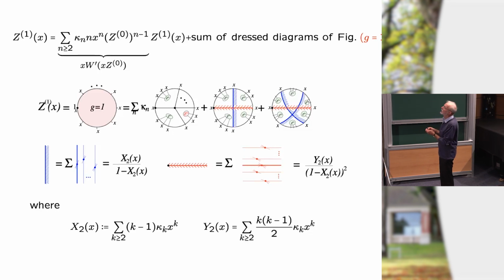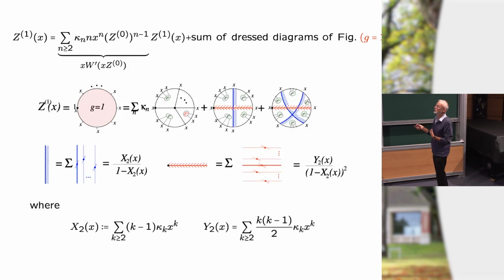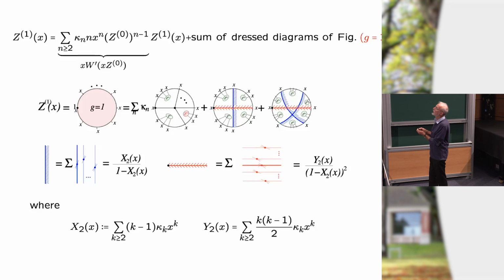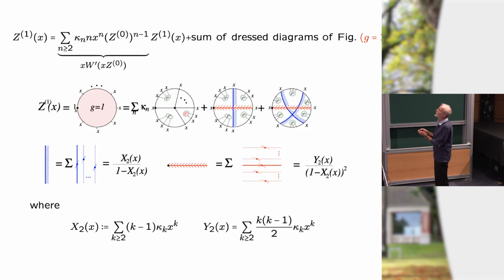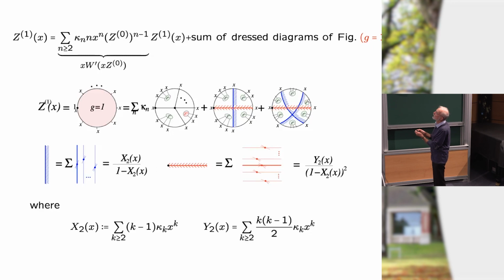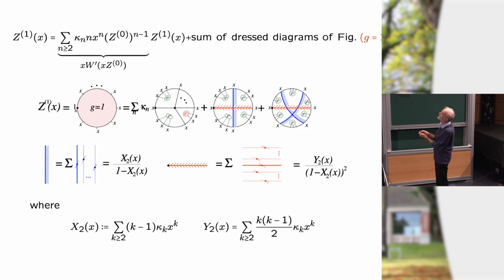So you have kappa n times something, and the something looks very much like the previous diagrams in the Cvitanovic equation, except that somewhere one of what I was calling before a centipede should be of genus 1. This is the origin of that term. This operation of selecting one point among n is just carried out by this derivative, and here I'm inserting Z1.